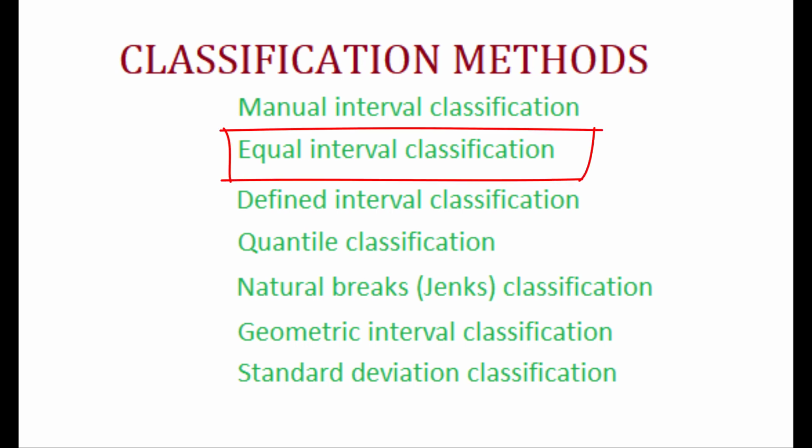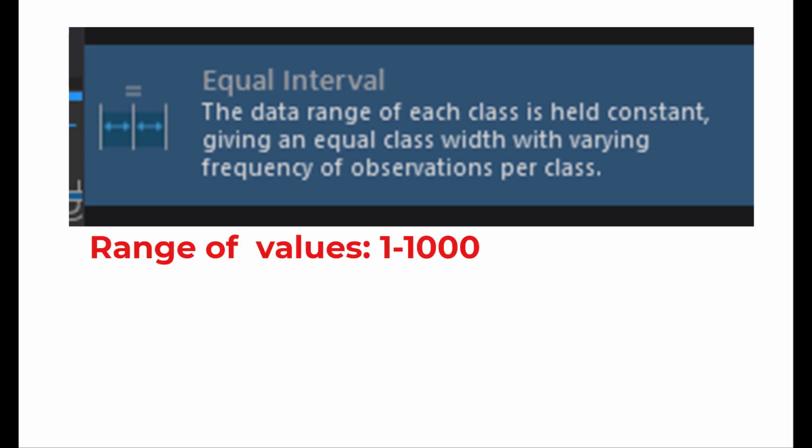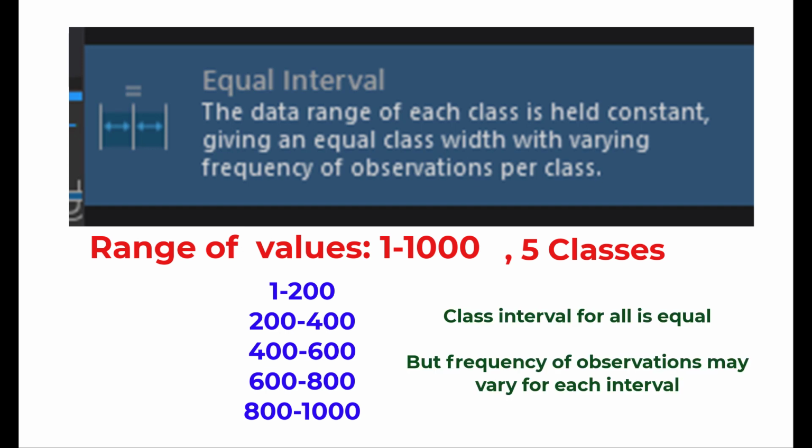The other one is equal interval classification. With equal interval, every class or group has an equal range. The number of observations or frequency in each class may differ, of course. For example, if the range of values we have is between 1 and 1000, and there are 5 classes, by dividing the data range by the number of classes, which is 5, we can get the class interval. So the class range will be like this, but the number of observations or the frequency in each interval may differ from group to group, as shown in this example.